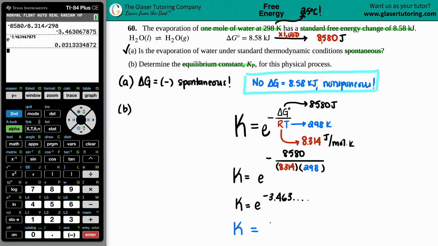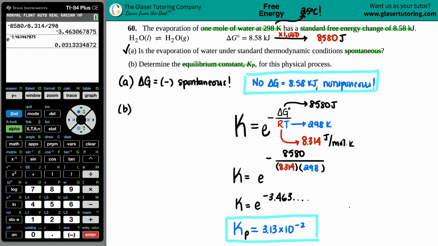Actually, I'll do this in scientific notation: 3.13 times 10 to the negative second. No units for any equilibrium constant. And since they said it was specifically a Kp, I'm just going to add that P there and call it a day. And that is your equilibrium constant for this.